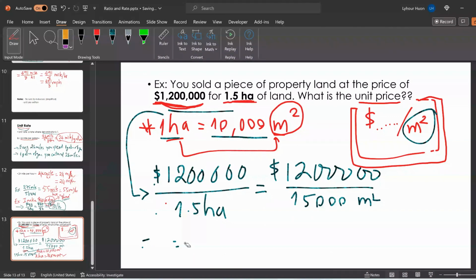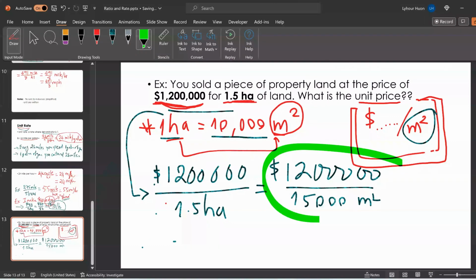Now, what is this? That's a rate, that is correct. But our purpose is to find the unit price, meaning the unit rate. What should we do?